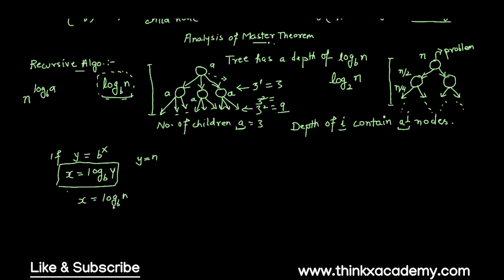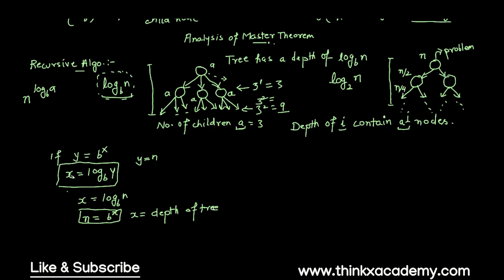You can further evaluate this as n equals b raised to the power x. So x basically represents the depth of the tree.